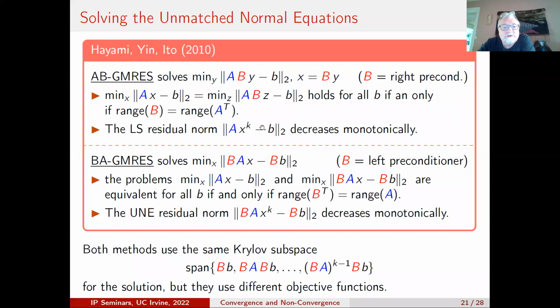And he also describes what happens with the residual norms, either this guy here, which we can call the least squares residual norm, that decreases monotonically for the AB GMRES method. For the BA GMRES method, it's the residual norm associated with the unmatched normal equations that decreases monotonically to 0. Okay, I won't go into the details here.